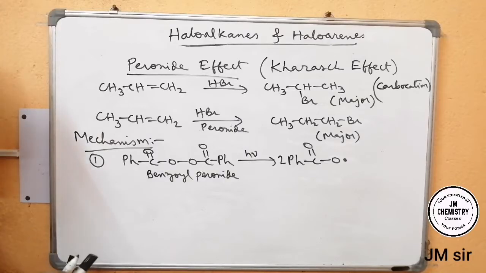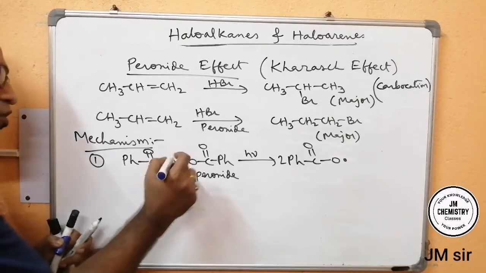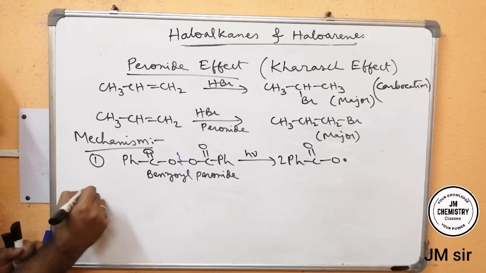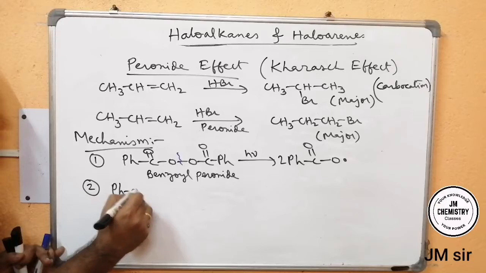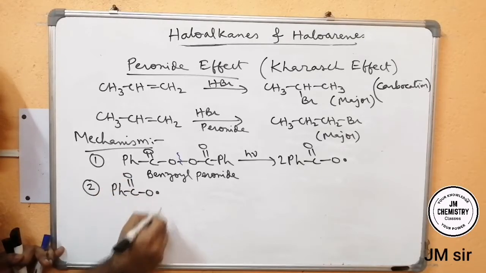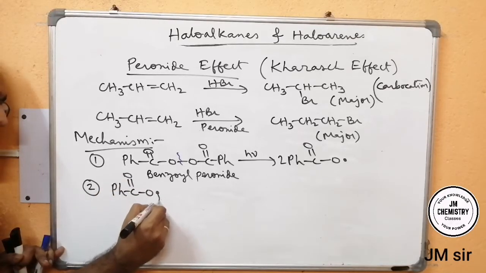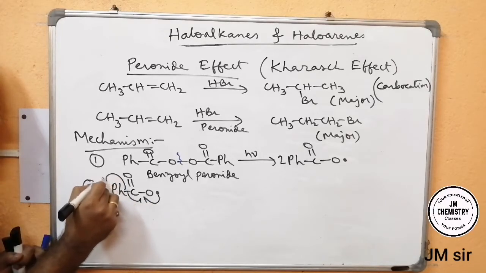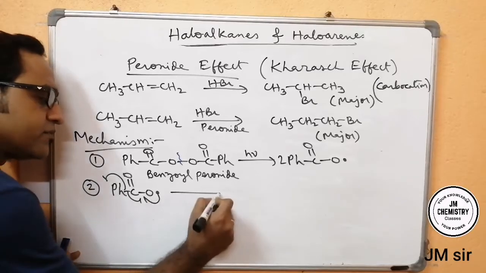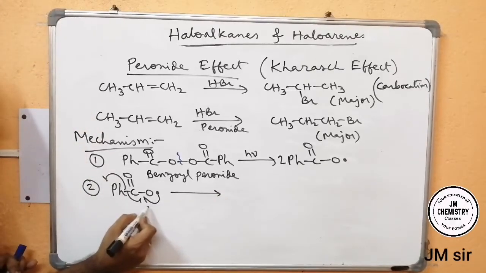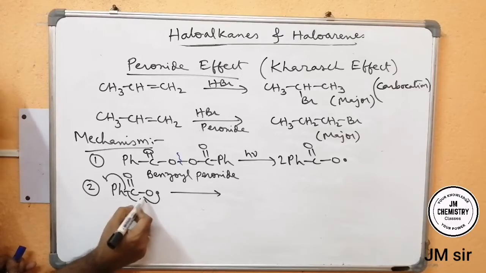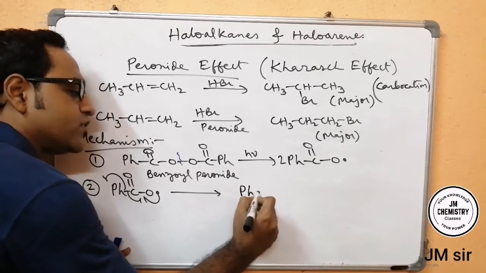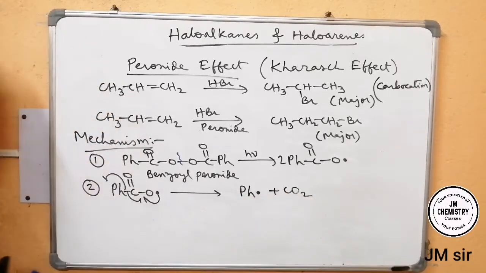There is again homolytic bond cleavage. In the second step, this PhC(=O)-O dot breaks. These are all fishhook arrows. It means only one electron is changing position. So it gives Ph dot plus CO2.